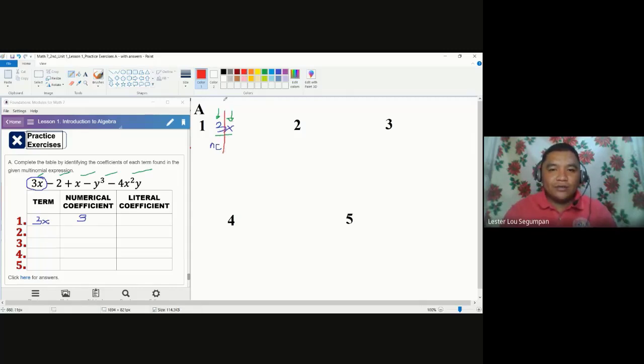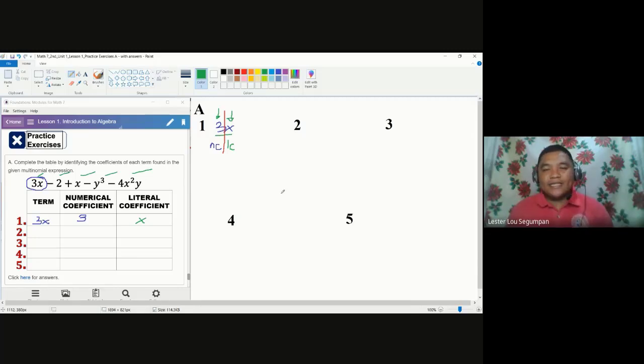We are sure that 3 is a numerical coefficient. In short, the literal coefficient here is x. This is your literal coefficient. So we need to place it here to complete our table. Our literal coefficient here is x. This is how we determine the numerical and literal coefficients for the first term.